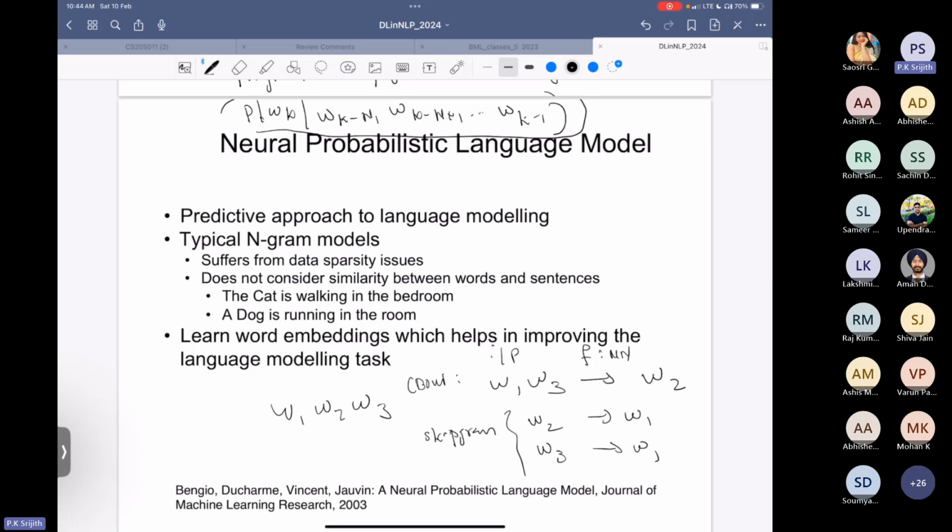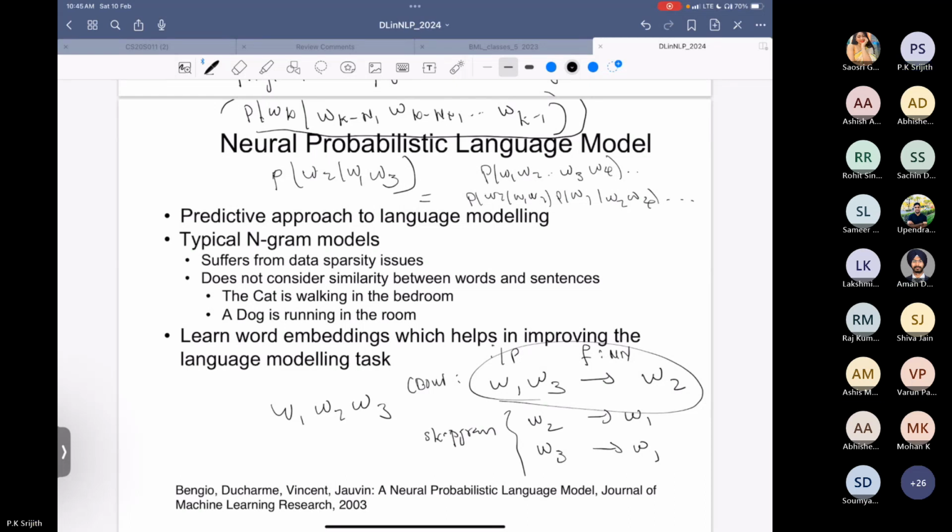The probabilities you end up getting are something like the probability of W2 given W1, W3. If you try to write the probability of W1, W2, W3, W4, and so on using this model, you would write the probability of W2 given W1, W3, then the probability of W3 given W2, W4, and so on. And this is not a proper decomposition of the probability.